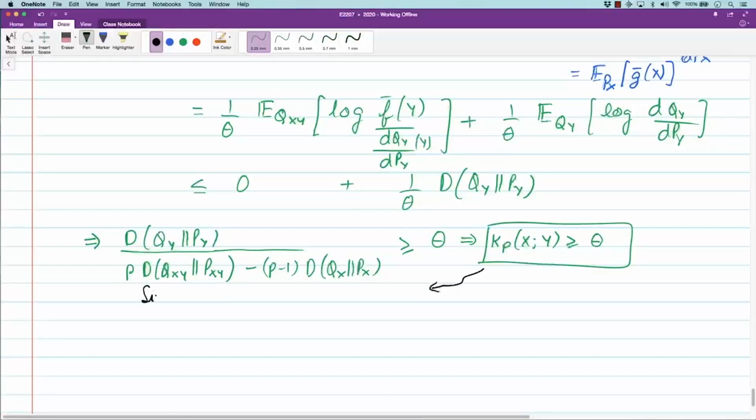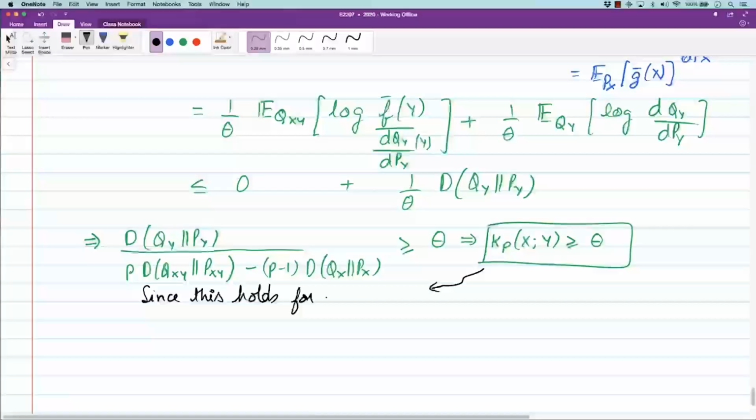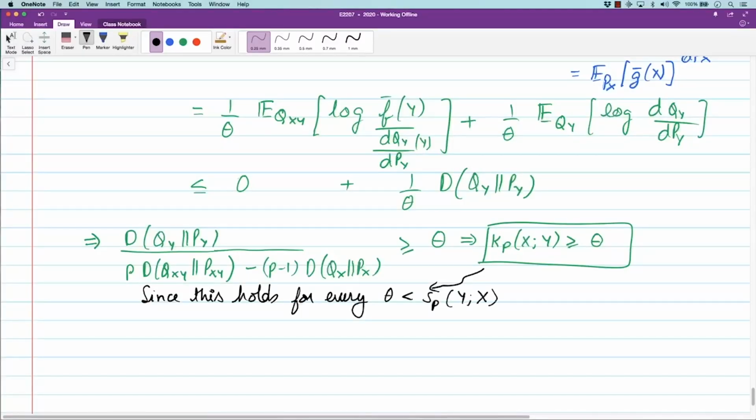And since this holds for every theta less than spyx, we must have kappa p xy greater than or equal to spyx.